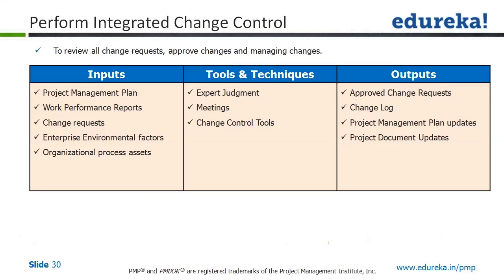The output this process yields is an approved change request, because it is the process of change control. So of course it would lead into the change request and approved change request, various change logs because you are making the changes, and the other two outputs remain the same as our previous process, which are project management plan updates and project document updates.